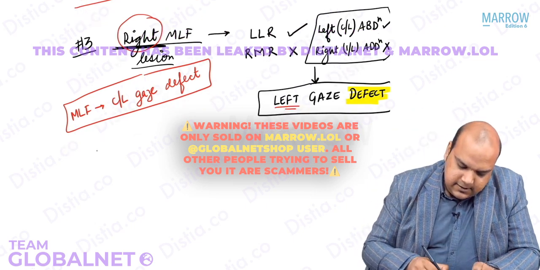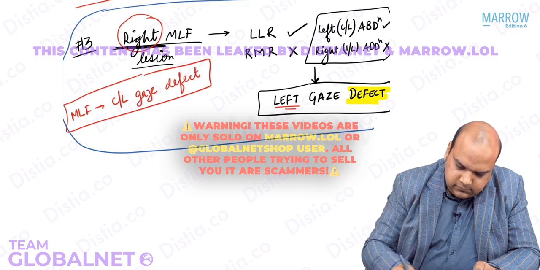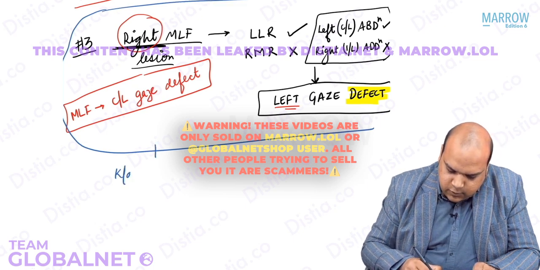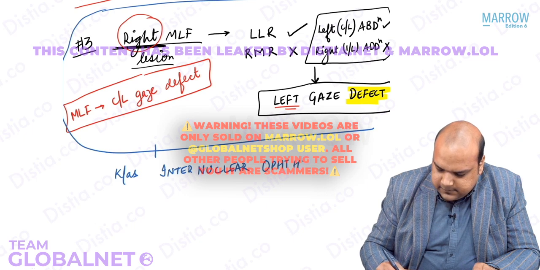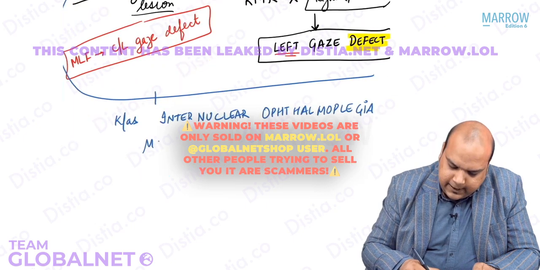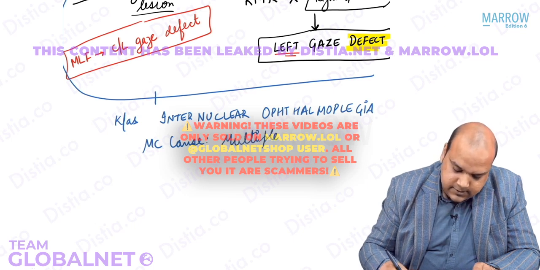This condition, lesion number 3, is known as internuclear ophthalmoplegia. Internuclear ophthalmoplegia. The most common cause of this condition is multiple sclerosis.